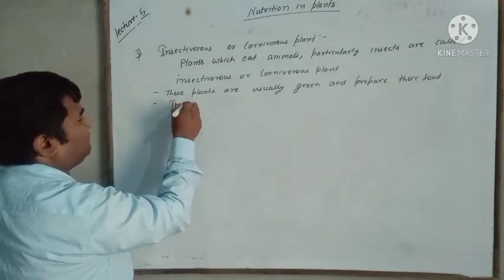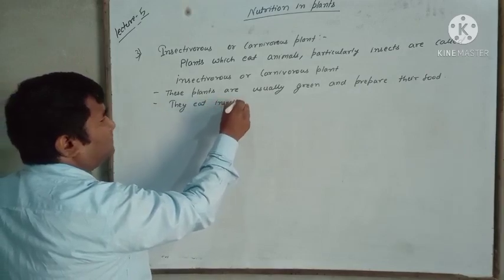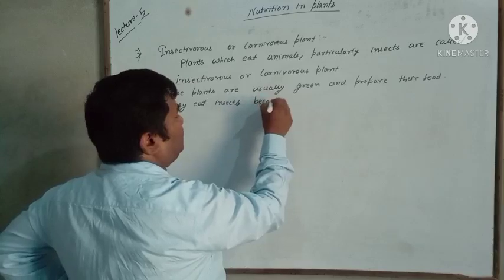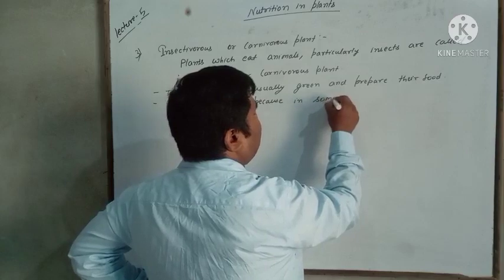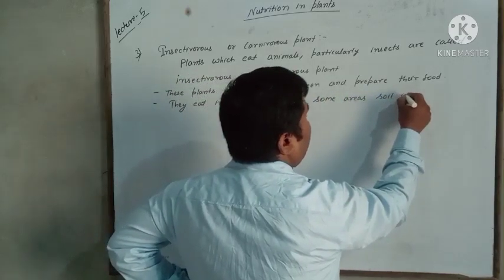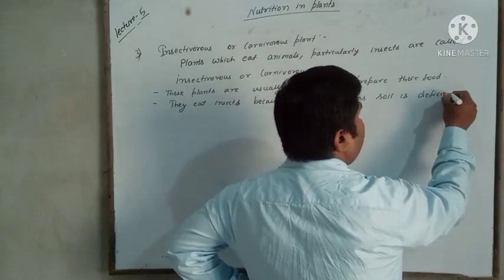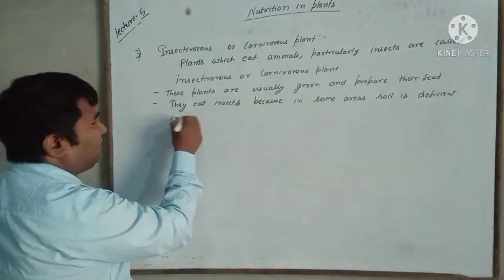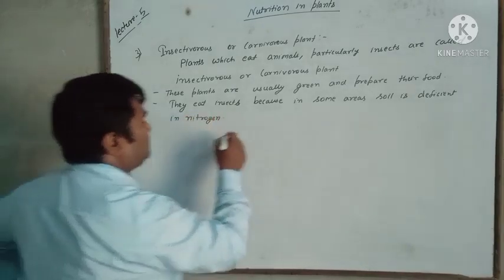They eat insects because in some areas the soil is deficient, deficient means kami, in nitrogen.